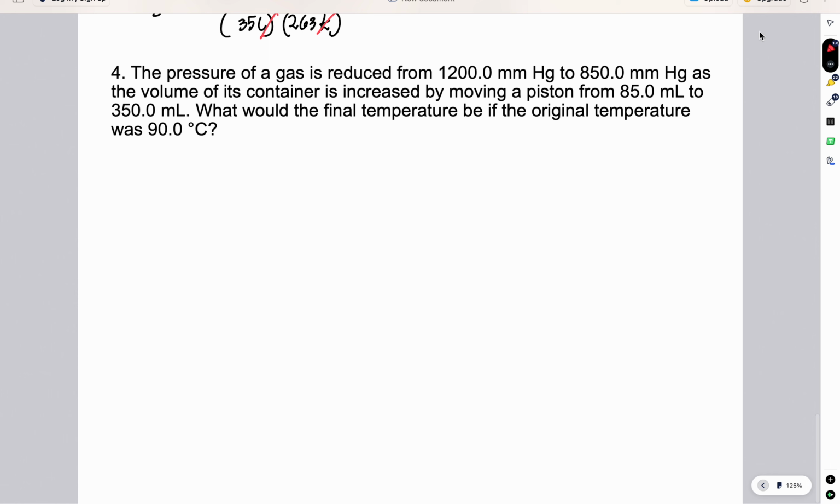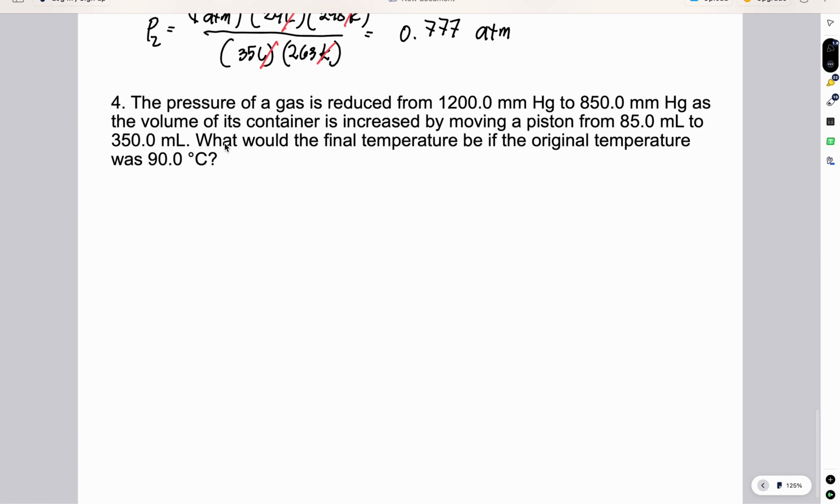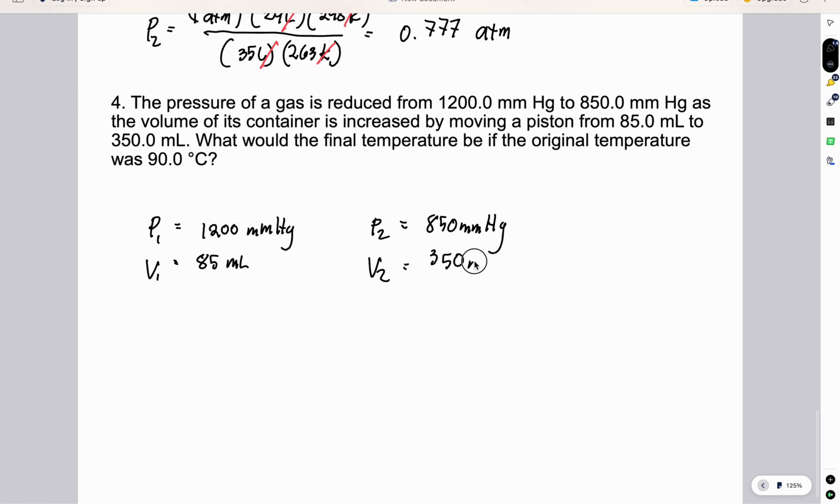So for the final example, we have this. The pressure of a gas is reduced from 1,200 mmHg to 850 mmHg. So P1 is 1,200 mmHg and P2 is 850 mmHg, as the volume of its container is increased by moving a piston from 85 ml to V2, 350 ml.